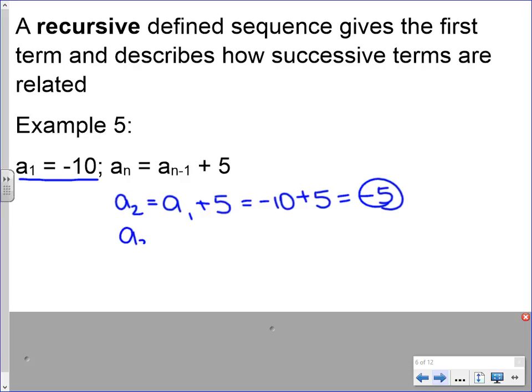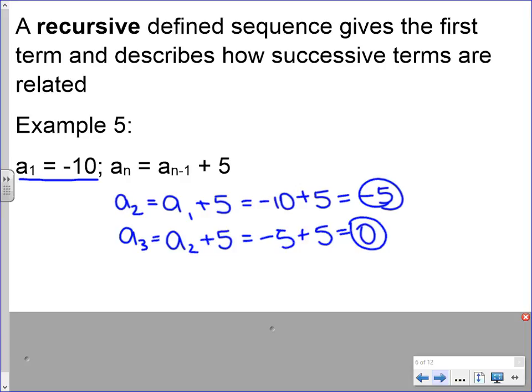If I want the third term, if a sub n is a sub 3, then a sub n minus 1 means a sub 2, 1 less. So our third term is our second term plus 5. Well, we just found our second term is negative 5, plus 5 is 0.